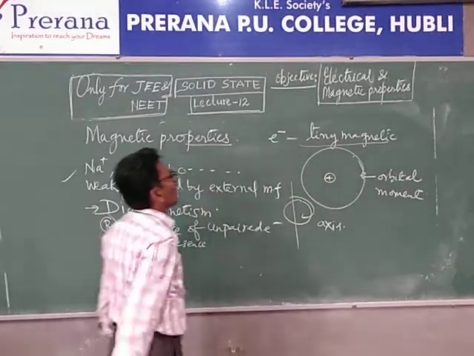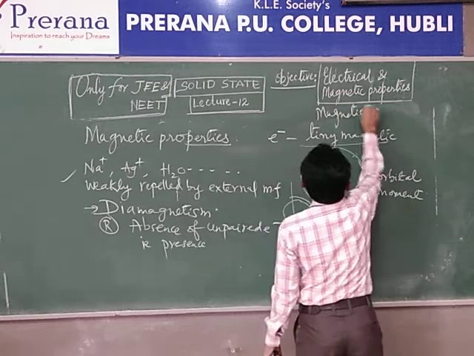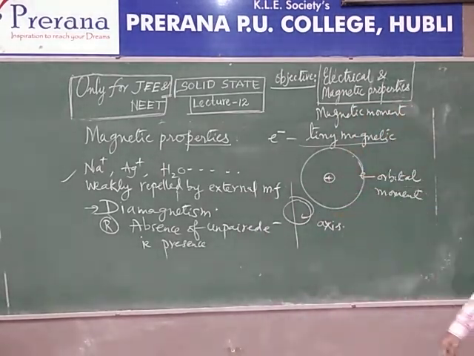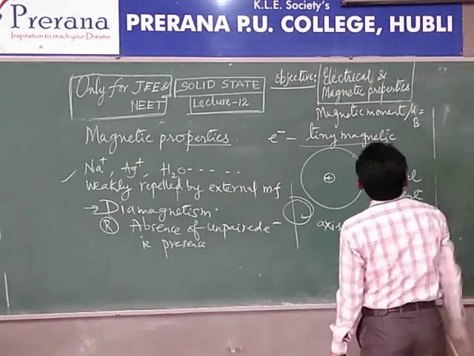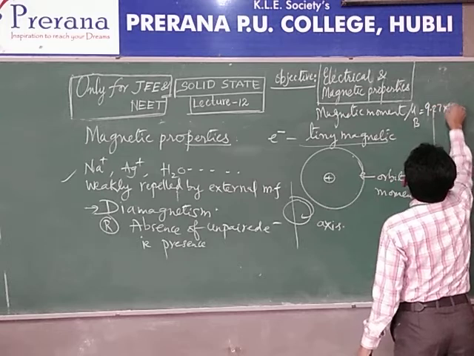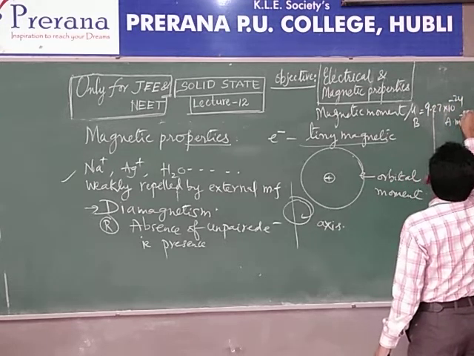This magnetic moment is denoted by the spin-only magnetic moment. Spin-only magnetic moment, mu B, is equal to 9.27 into 10 to the power minus 24 ampere per meter square.